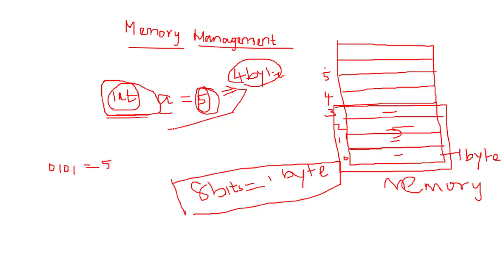Let's say this is a 32-bit compiler. What does 32-bit mean? 32-bit means 1, 2, 3, and so on.